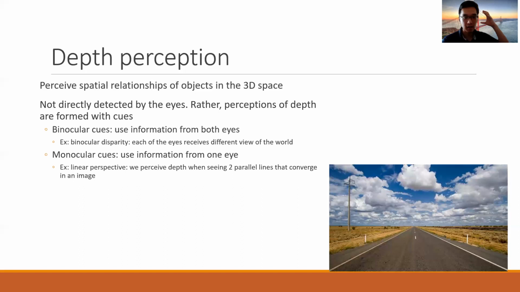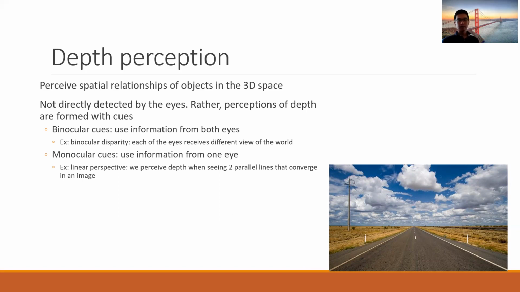How does our brain use and organize this information to see the depth? How do we do that? There are some clues or evidence in the picture that we can use to perceive, oh, that's a picture with depth.